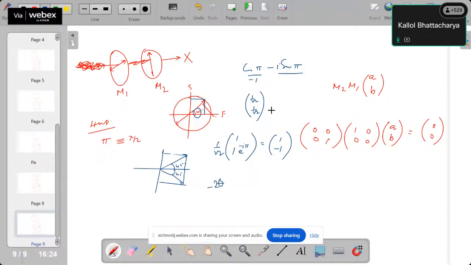So this is the fast axis, this is the state of polarization of the input beam. It was 45 degrees in this direction, and the output has come here. It has rotated by 2 theta, by 90 degrees. So if you allow linearly polarized light to fall on a half wave plate, you will never get elliptically polarized light or circularly polarized light. You will always get linearly polarized light, but it will be rotated.